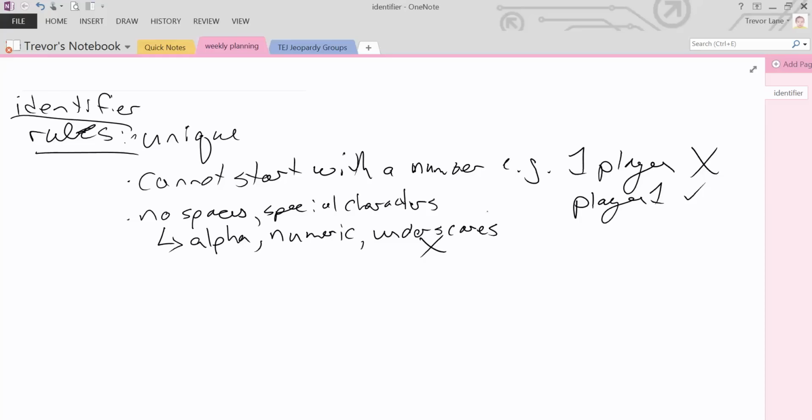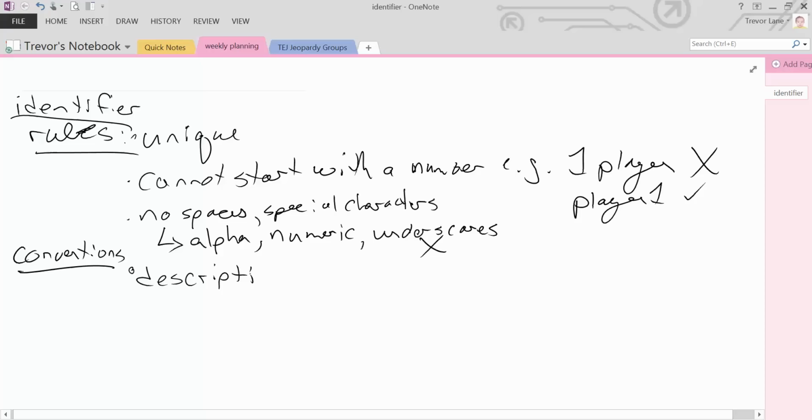You can't go anywhere around that. And then we have to worry about the conventions. First and foremost, a name needs to be descriptive. Descriptive of what? Well, descriptive of whatever you're storing in it. So for example, the name X. Well, what does X mean?